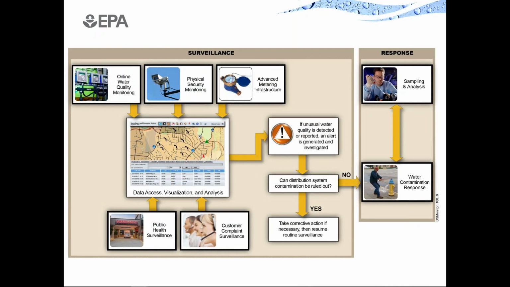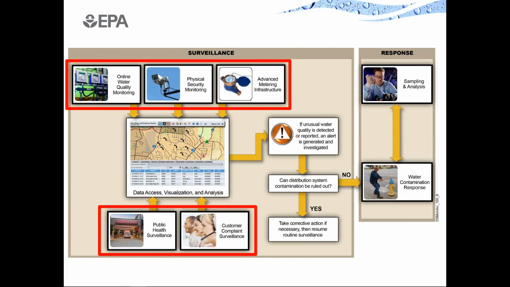And just to be clear, here's what we're talking about when we're referring to an integrated or comprehensive surveillance and response system. It includes both surveillance and response components, and the use of multiple independent surveillance components does provide several advantages. For one, it increases contaminant coverage because these different components do have different capabilities for detecting different types of contaminants.